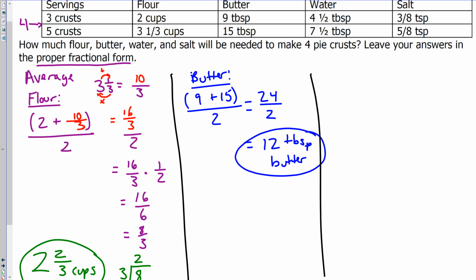Same thing now, we're going to do it for water. I have fractions again, so when we do our average, we're going to be careful with our fractions. So I want to do 4.5 added with 7.5, and then divide by 2. So here I have a couple different options. Because my fractions are halves, the decimal values are actually pretty easy to work with.